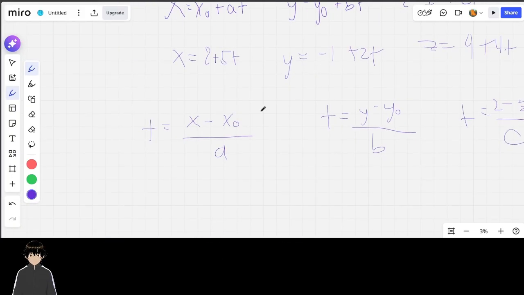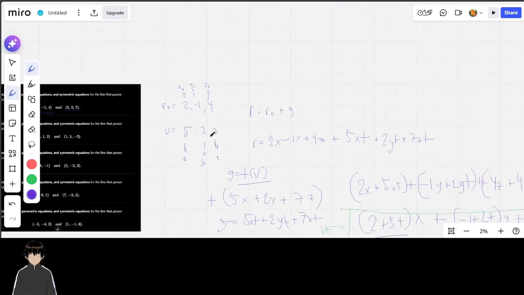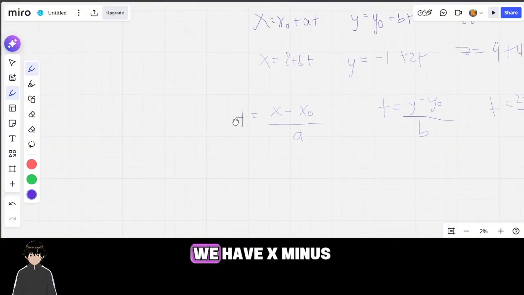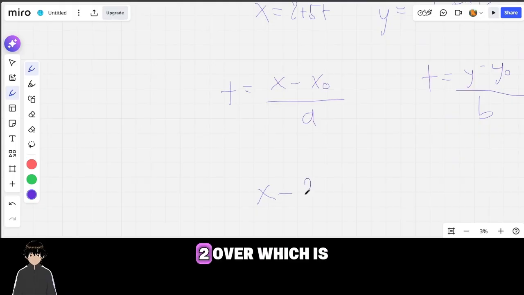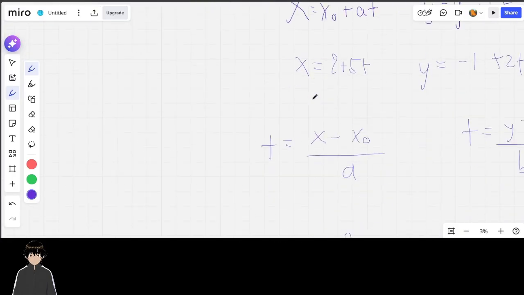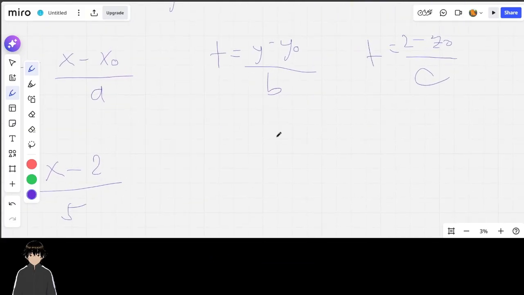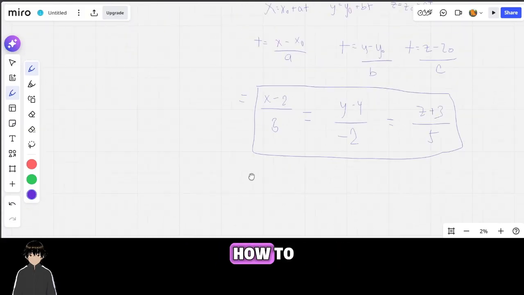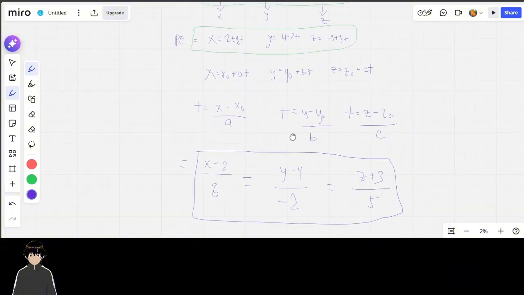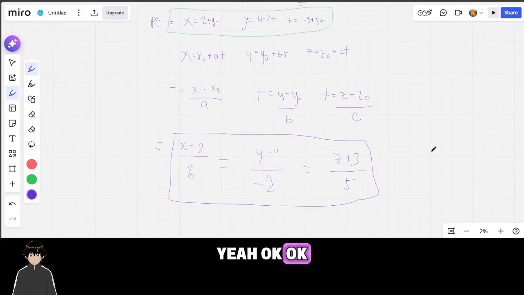So if we take in the following numbers, we have x minus 2 over 5, that's a, 5 here.